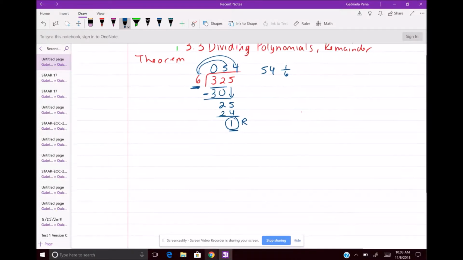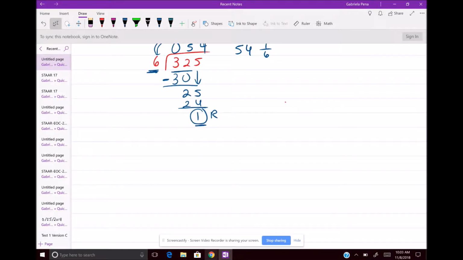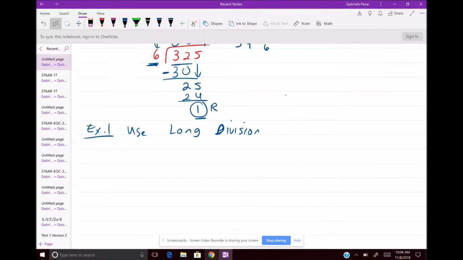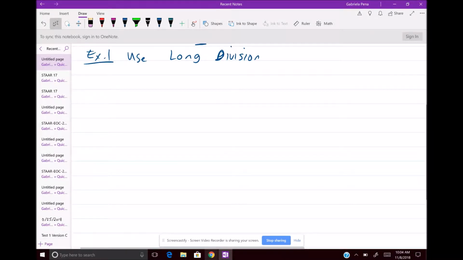Same rules apply. So, for example, the first one, example number 1, use long division. So I'm going to move this up all the way.